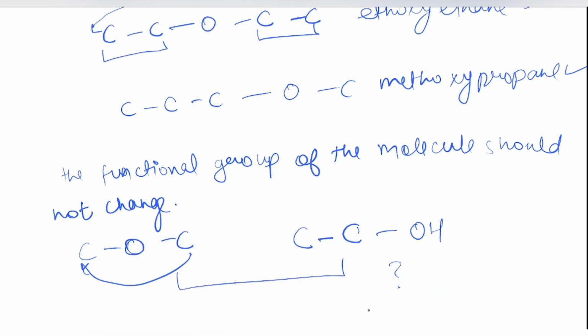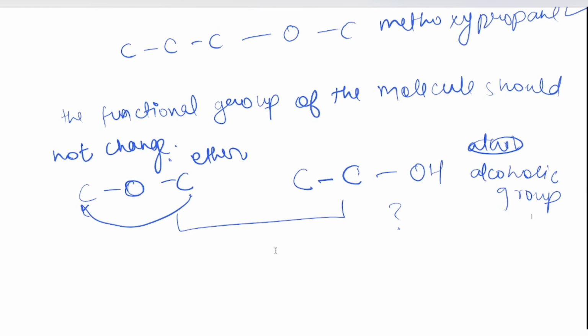No, it's not, because one of the important rules for meta-isomerism is that the functional group of the molecule should not change. Here it is an ether, but here it's an alcoholic group. So the functional group is changing. That's why this is not considered meta-isomerism. Though this is functional isomerism, which we will study about later.